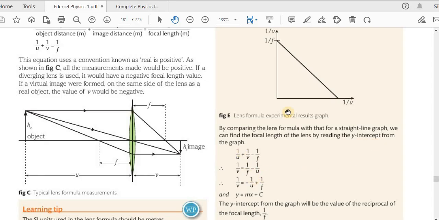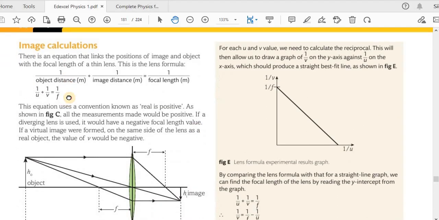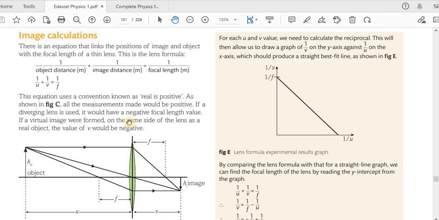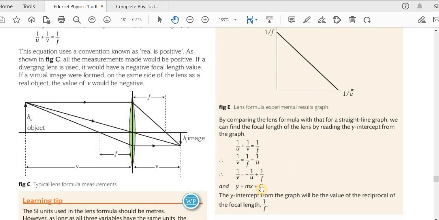So this is what we have: 1 over v equals 1 over f minus 1 over u. Remember, this was the original equation. Since we want to make 1 over v the y, we can do this. And now you see it's in the form y equals mx plus c. The gradient of this is -1.